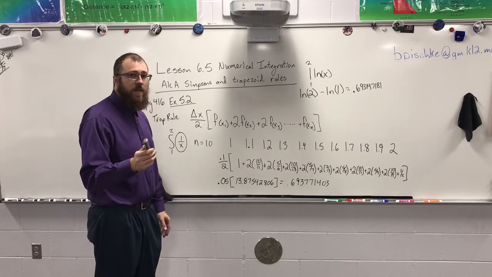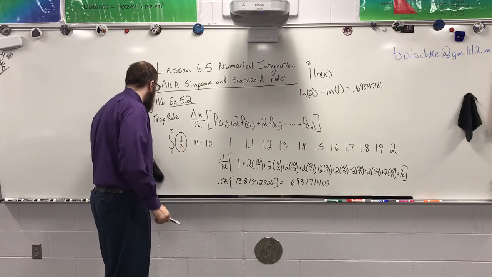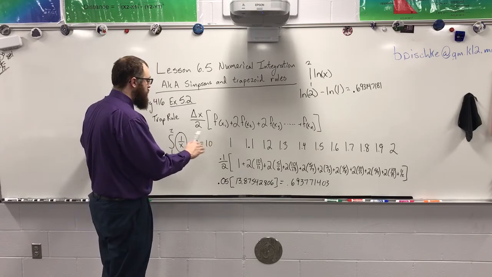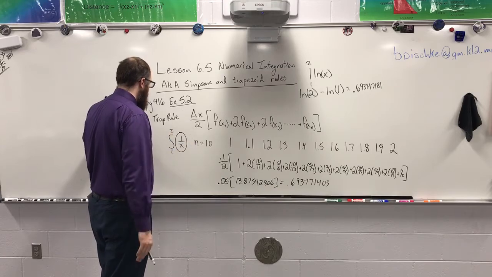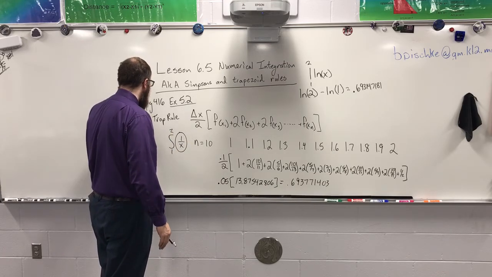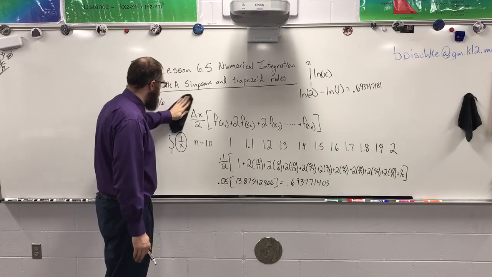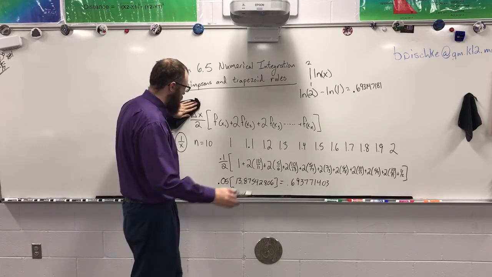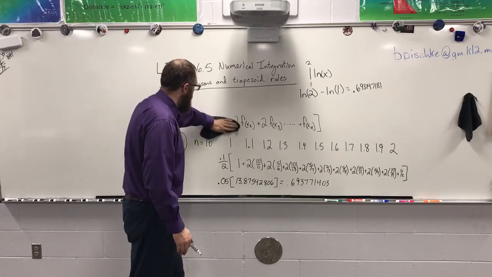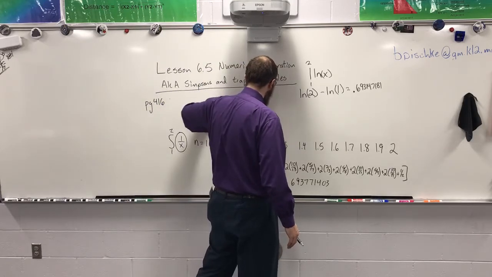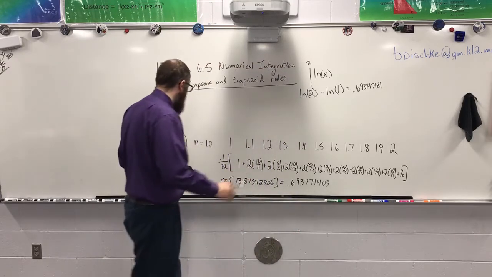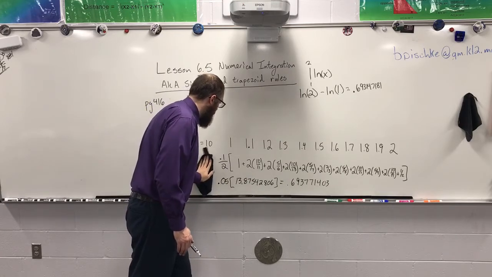Now I'm going to kick into Simpson's rule, which is the next rule. So it's the exact same formula here though. So we're going to go into the same zone, which is nice here because it's set, I already have it set up.